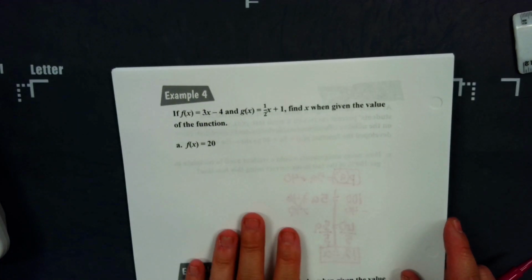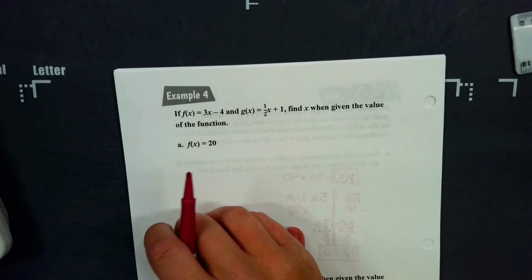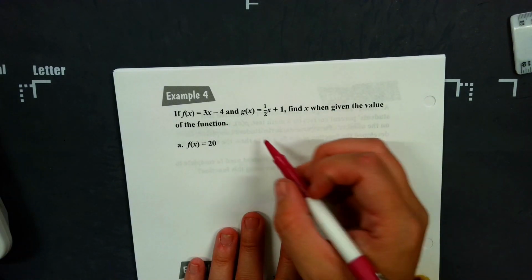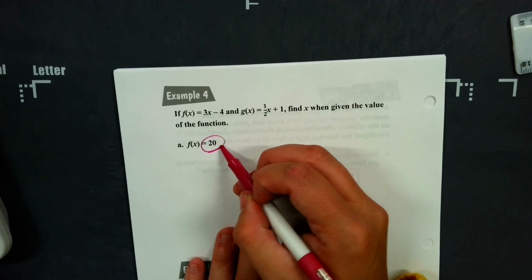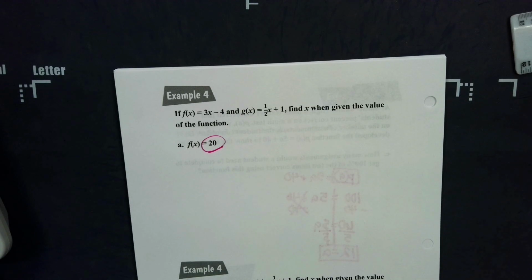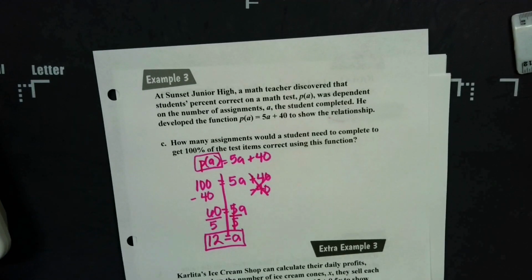Okay. You will see this quite a bit on ISAs too. They're going to give you f of x and g of x. They're wanting to know if f of x is 20. Okay, this is a little different. Do you notice where the 20 is? Over here, how was it written?